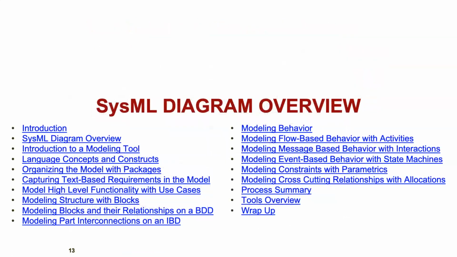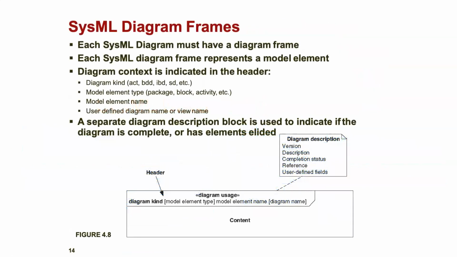So let's continue on with what we're trying to cover. The SysML diagram frames: each SysML diagram must have a diagram frame. This is the structure that we've started to see already. The best way of using the SysML diagrams is you list the type of diagram.